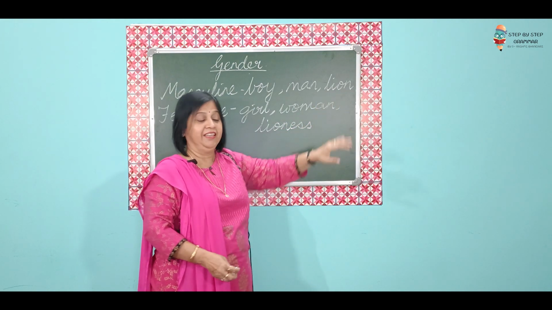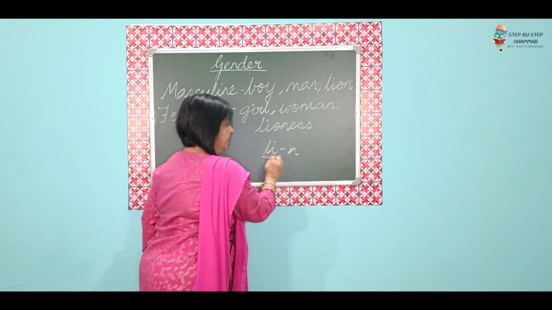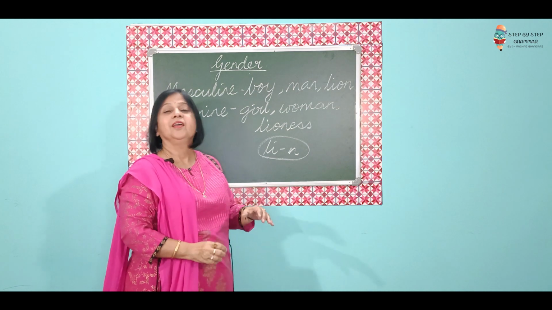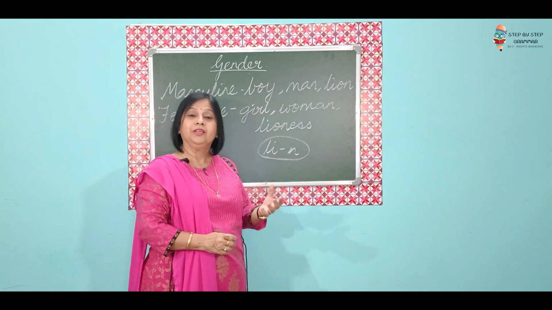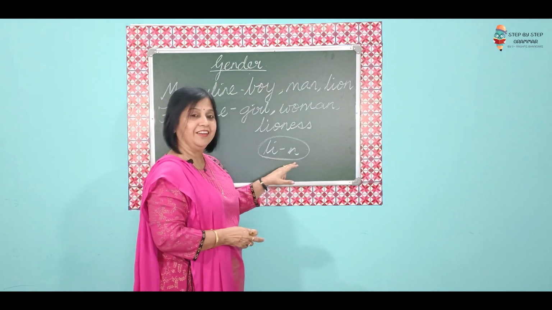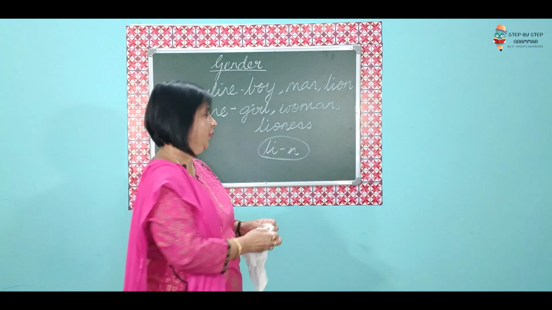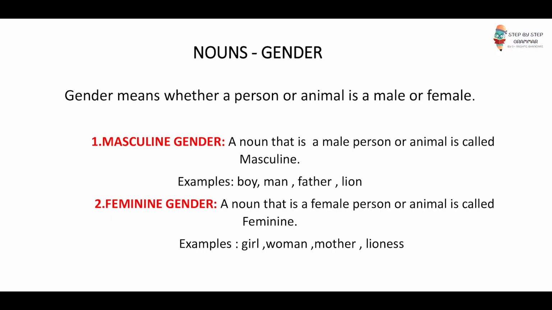It's lie, the word lie, lion. This is the way we are going to pronounce it, because sometimes we do hear it said differently. And the feminine is lioness. Okay? So these are the two main genders, masculine and feminine.